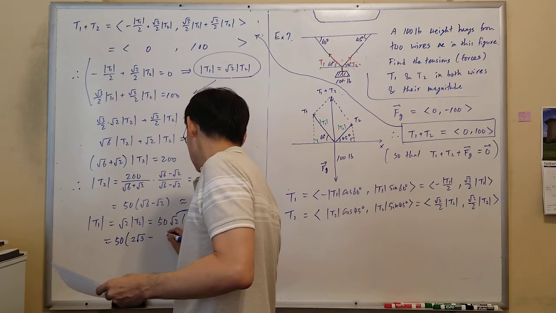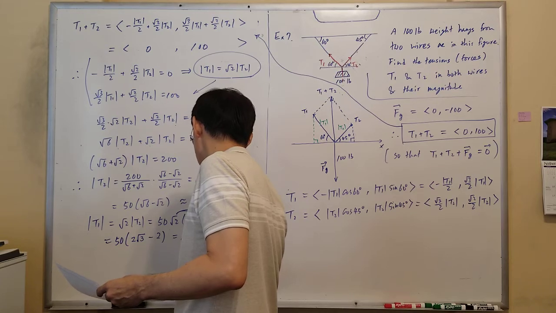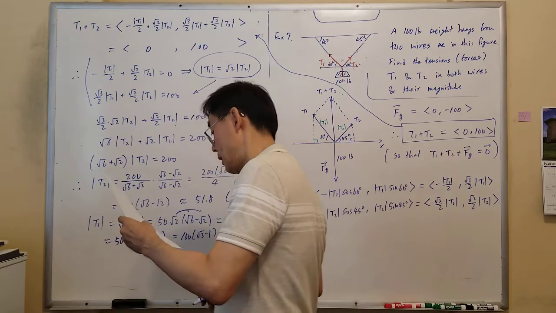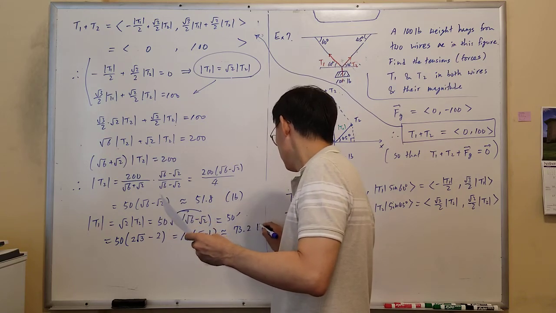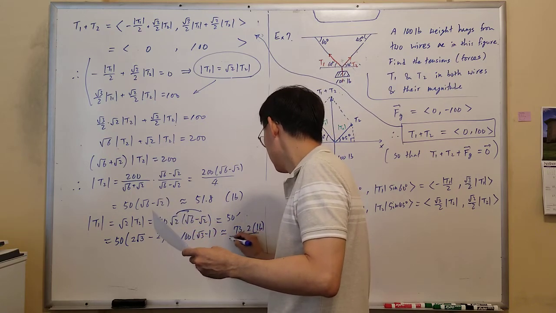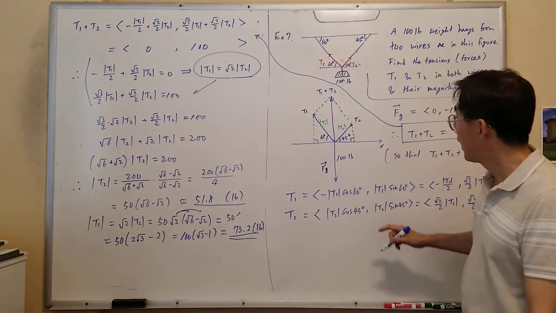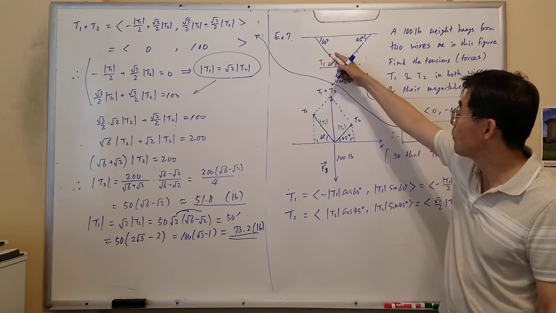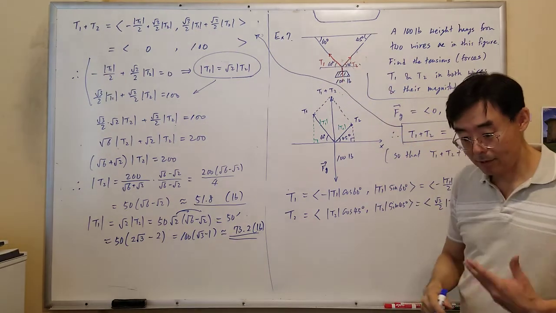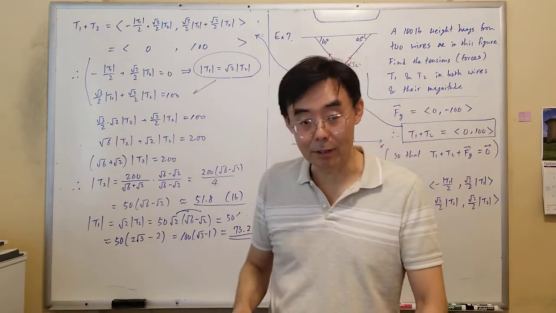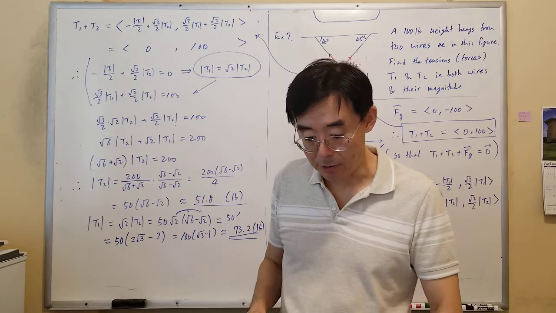If you distribute the minus 2, it is 100 times square root of 3 minus 1. Anyway, that will be about 73.2 pounds. Okay? So, you will know how much tension will be applied to the first wire and second wire. So, you can choose the right spec wire thickness to withstand the expected tension.